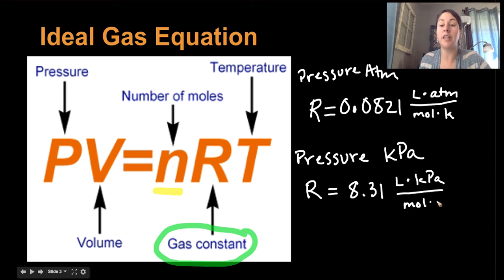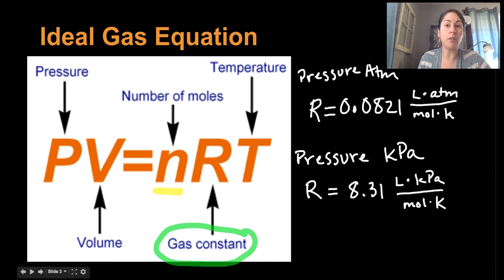So we're still in Kelvin, that hasn't changed, but because of the fact that we have different units of pressure, and really that whole conversion of 101.3 kilopascals for every 1 atmosphere is why we have the difference. You can actually multiply this by 101.3 or divide this one by 101.3, and you'll find that you'll get the other one, or pretty darn close to it. So that's where those come from.